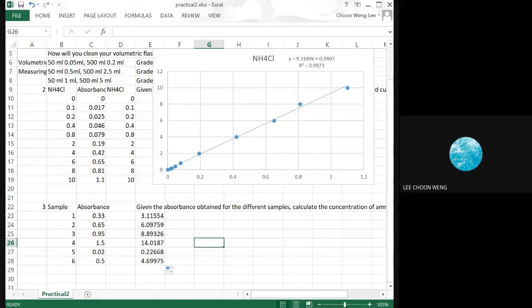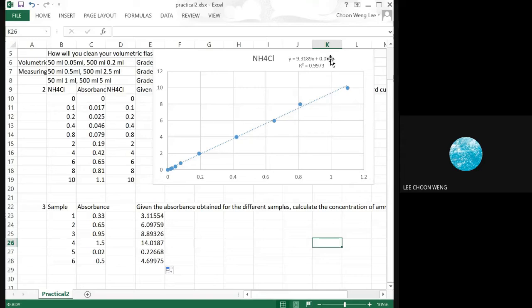Anyone? Okay, first, Anis, we need to look at the formula again.